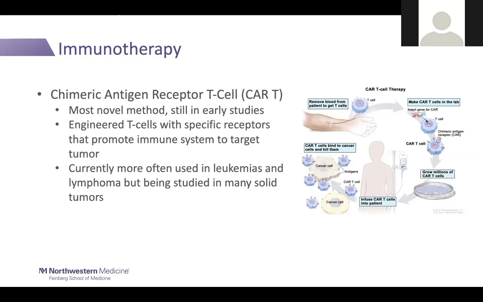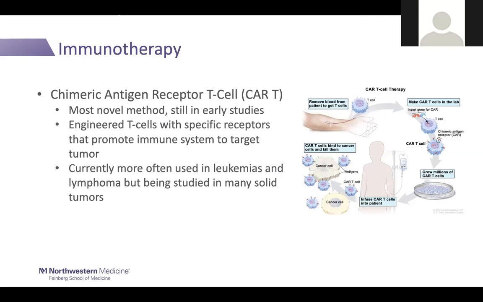Can you engineer them to a specific receptor on a tumor cell, and that promotes the immune system to target that tumor cell? These have been shown to be more effective in leukemias and lymphomas. That's where a lot of the active benefits are being seen. There's risks to them. We won't talk about that right now, but they're being studied in many tumor types, and they're being studied now in brain tumors as well. How can we use our own immune cells that are engineered and designed to attack?